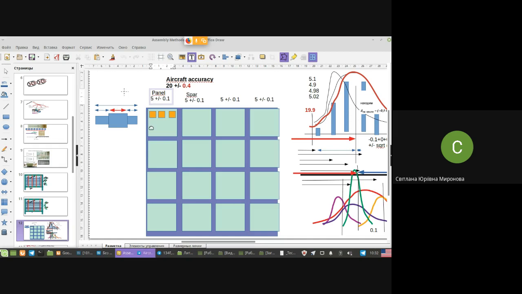Then do calculate, at least approximately, without the theory of probability. What will be the maximum possible value in this case? 5.